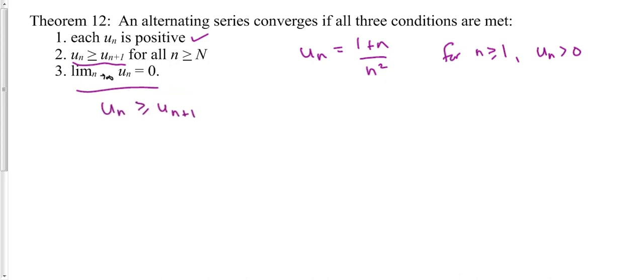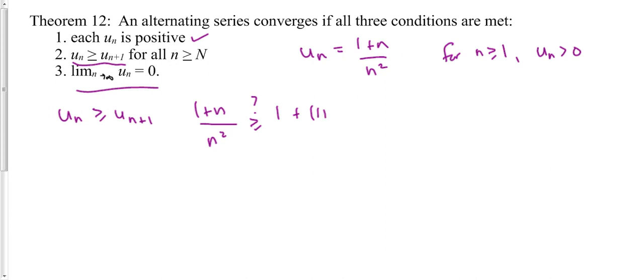Well, this is saying that we have (1 + n) over n squared, and we're asking ourselves, is that going to be greater than or equal to (1 + n) over (n + 1) squared? And I'm not really sure that it is immediately obvious if that's true. So is there a better way that we can ask about condition 2?